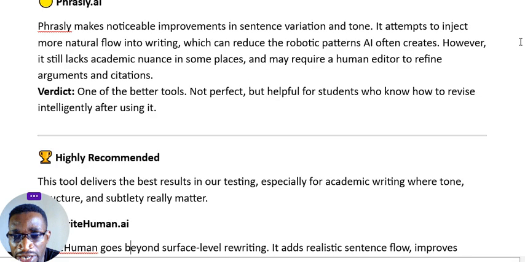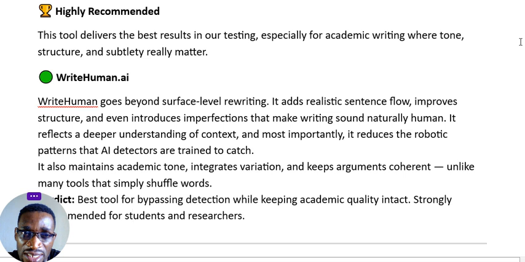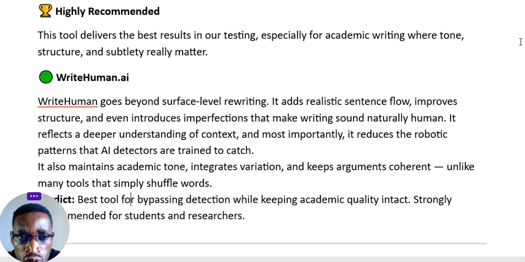So the best tool here, which we are still using, is called WriteHuman.ai. This tool delivers the best result in our testing, especially for academic writing, where tone, structure, and subtlety really matter. WriteHuman goes beyond surface-level writing. It adds realistic sentence flow, improves structure, and even introduces imperfection that makes writing sound naturally human.